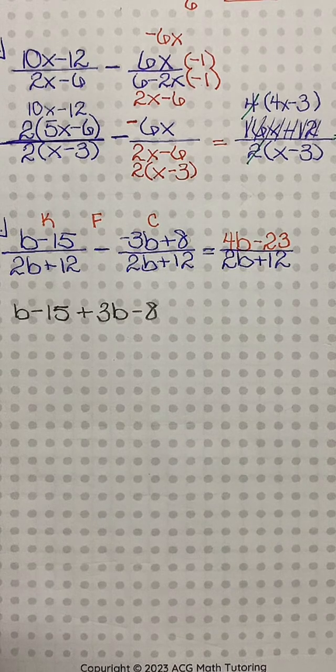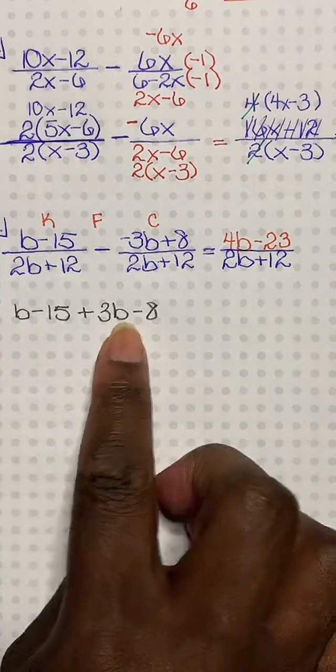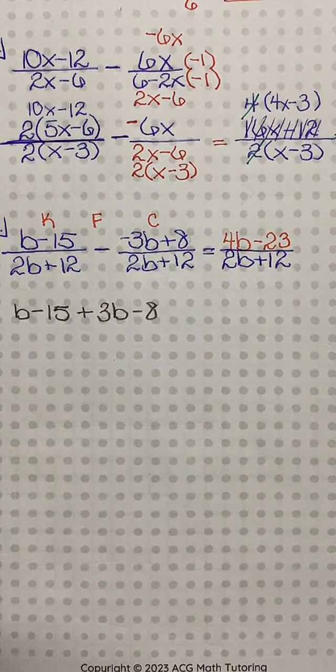Okay. Just distribute the negative. It's simpler. Well, yeah, that's what I did with the KCF. This is exactly what I just started doing in math. Okay, good.